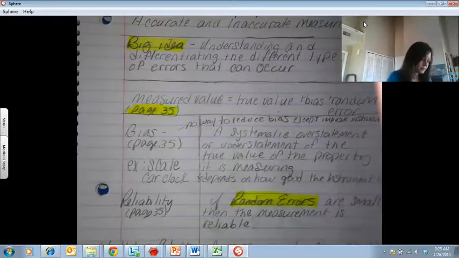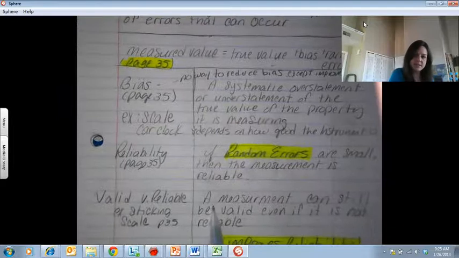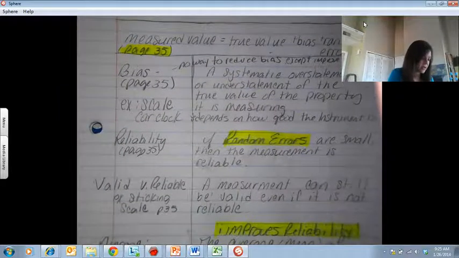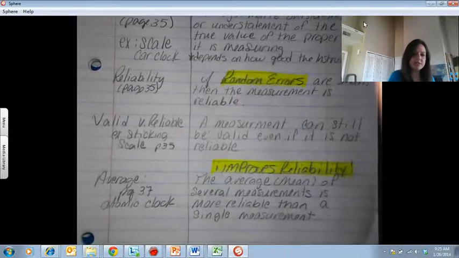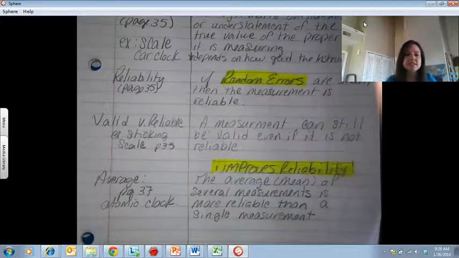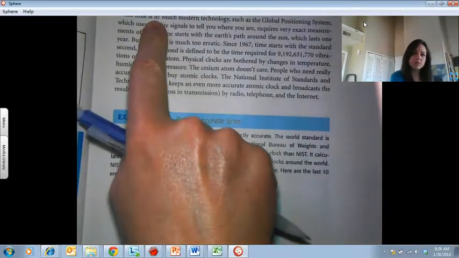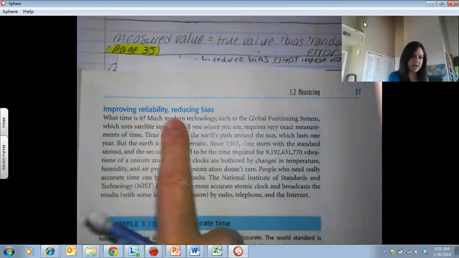This is just what I underlined in the book. The next part of the book is talking about how you reduce these types of errors: improving reliability and reducing bias.